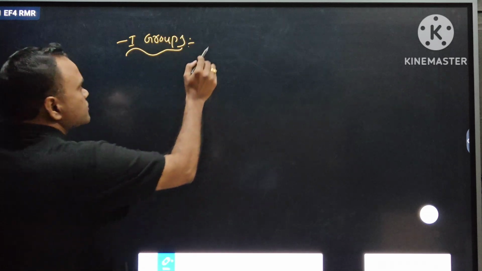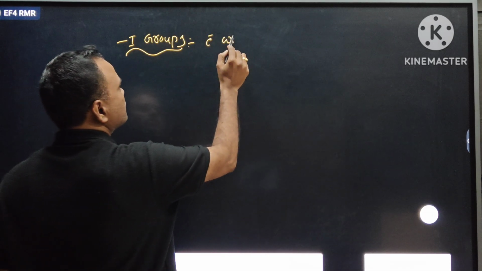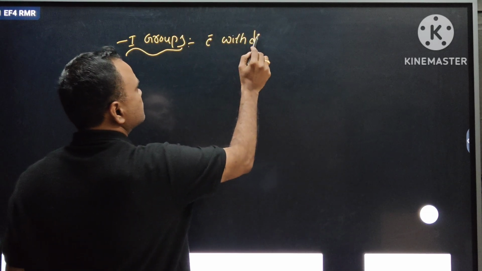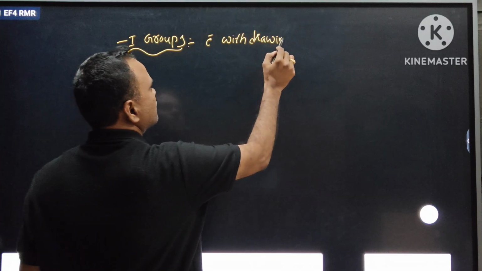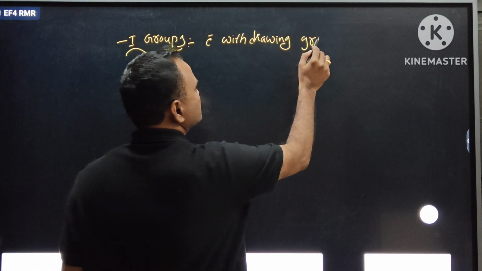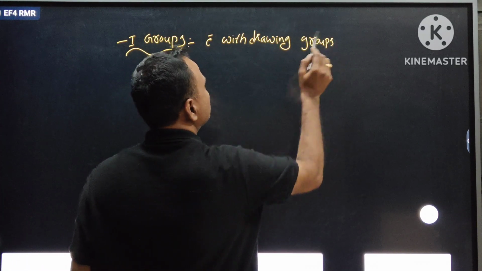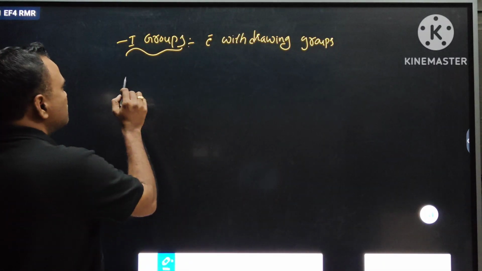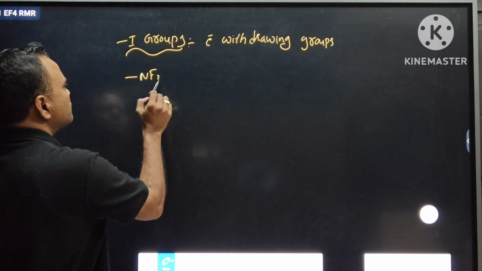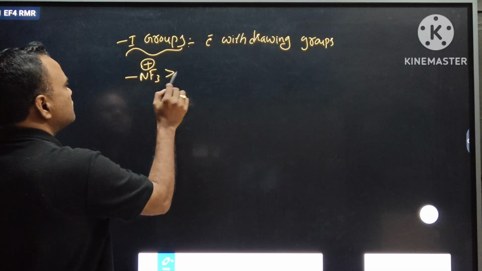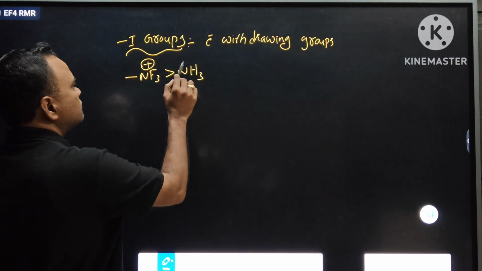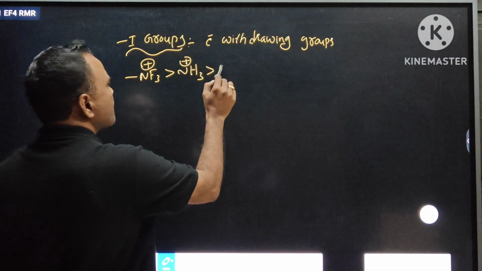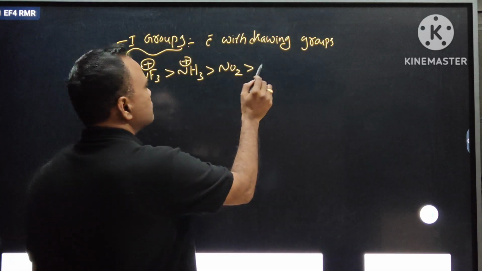What are minus I groups? Electron withdrawing groups. Let us write a few only. Minus NF3 positive, important only. NH3 positive, NO2, cyanide.